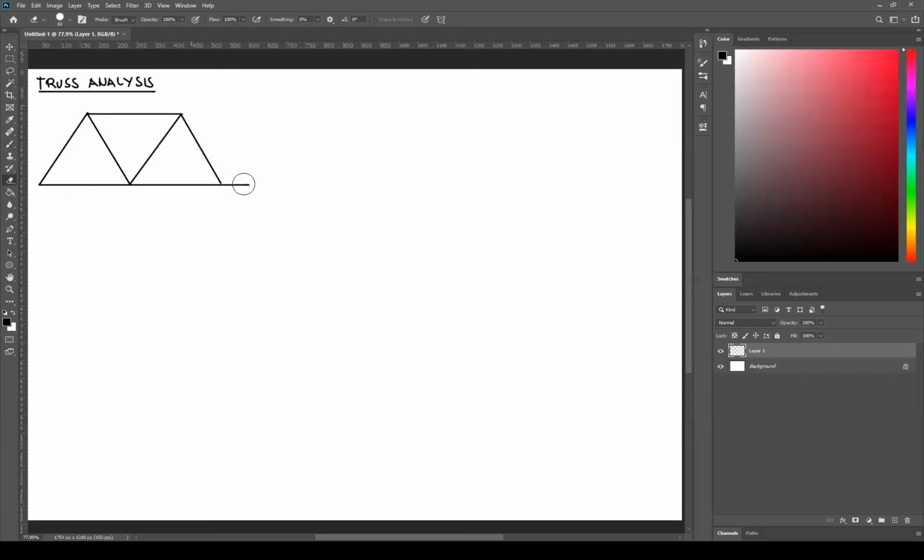So let's say we have this truss simply supported, so that means there's a pin and roller at these supports. And these are your joints A, B, C, D, E. Let's take member CD here. If I isolate that, it's going to look something like this.